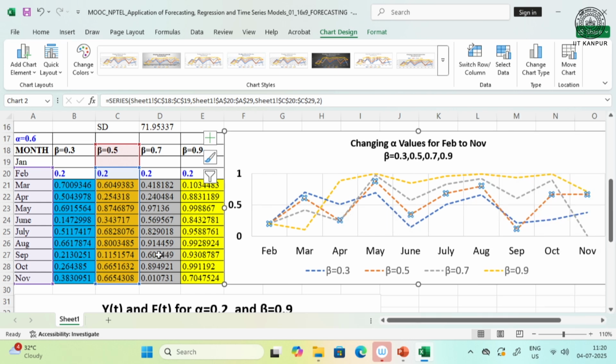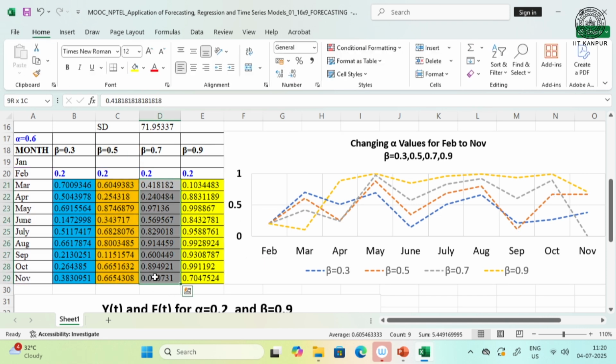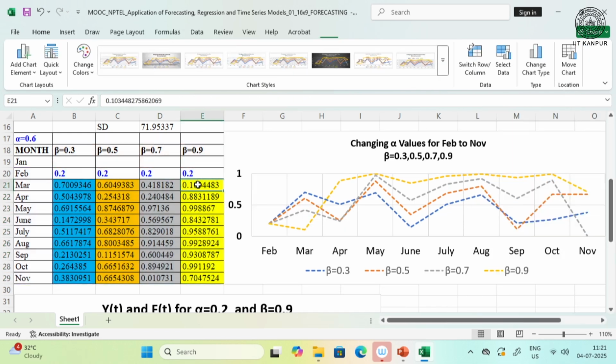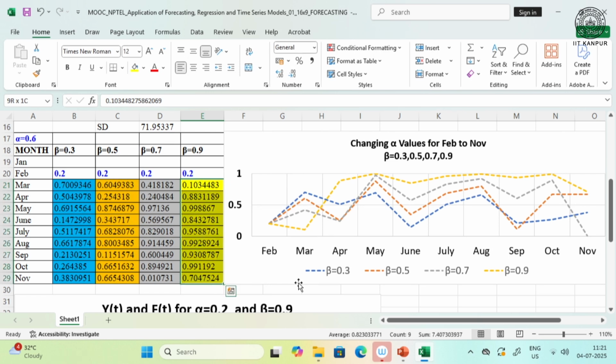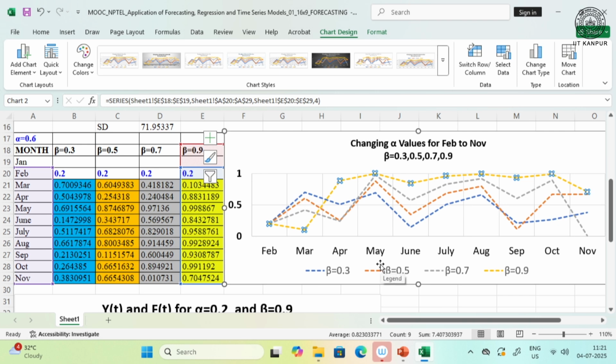Alpha is fixed, remember, and alpha fixed means the starting value of alpha is fixed for all the 4 cases. And the third column which is gray is basically marked for beta equal to 0.7 here. And finally, for the yellow one, these are the values again highlighted. Highlight means to make it more specific.